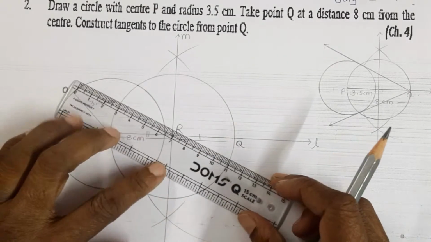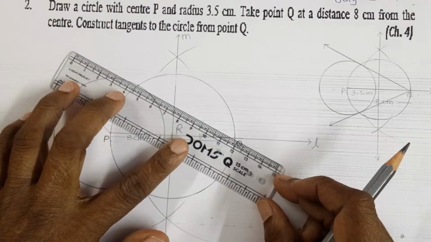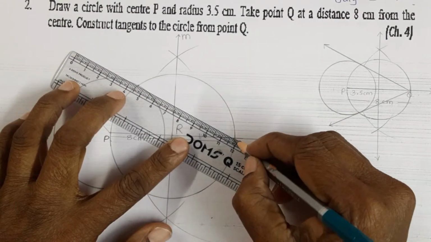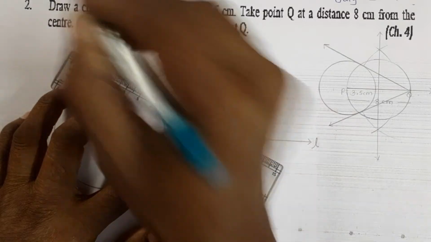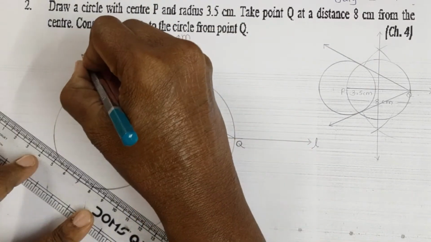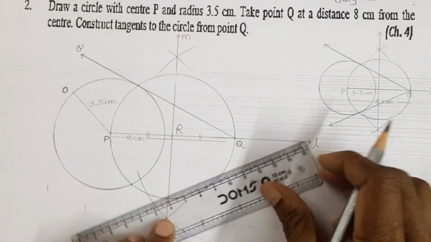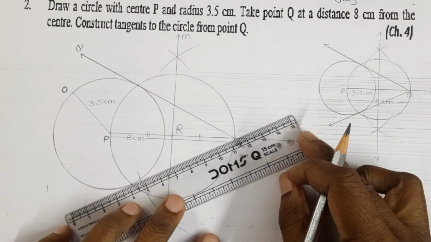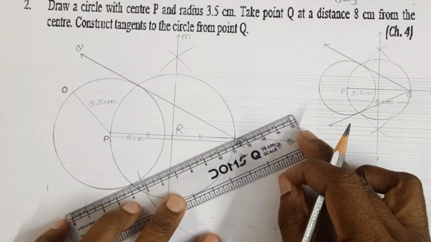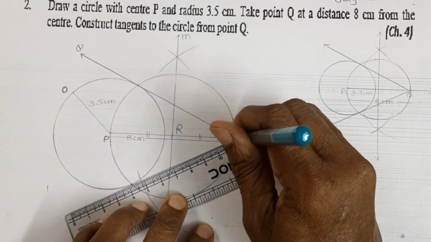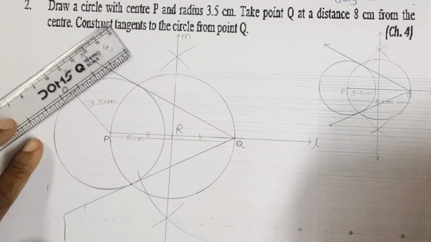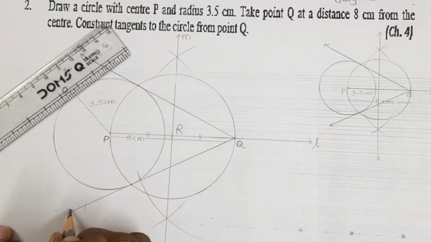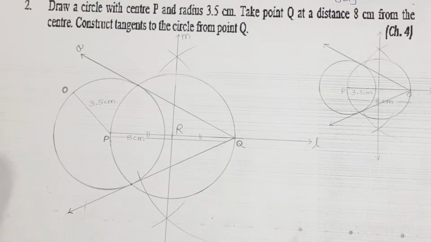So draw the ray from Q. Draw the ray from Q here. Name it as A. Here draw the ray from Q on the lower side. So this will be here, students.